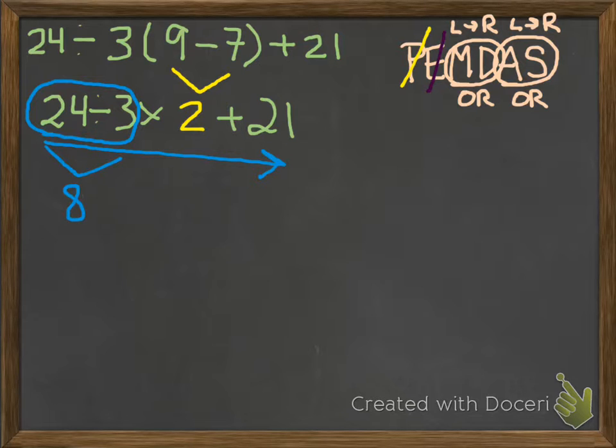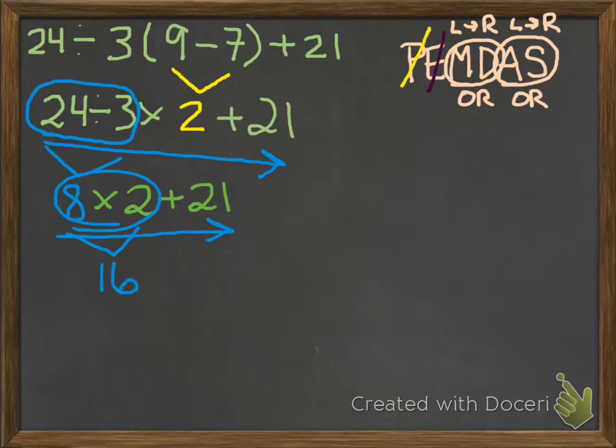24 divided by 3 is 8. Now I need to rewrite the expression. As I'm moving across, starting all over, I see I have another multiplication problem, which is 8 times 2. I'm doing one step at a time, so 8 times 2 is 16, and now I rewrite the expression. There's no more multiplication or division, so I've crossed that out, and I'm left with addition and subtraction.